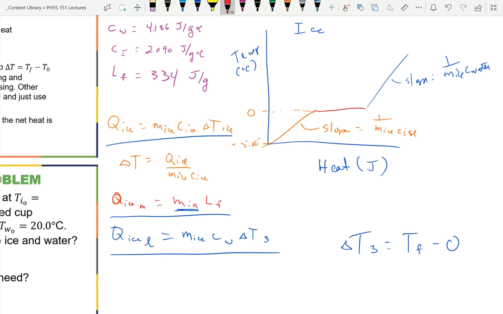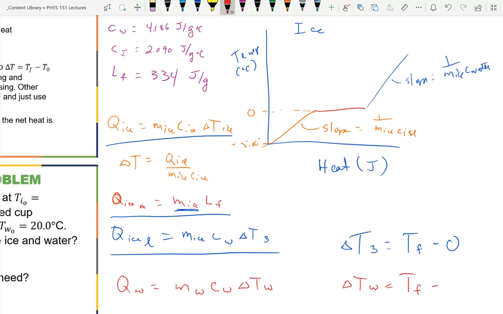What's the 4th equation going to be for? All of these were for ice. What's the 4th equation going to be for? Water. And so Q for the water is the mass of the water, C of water, change in temperature for the water. The change in temperature for the water is that it ends at the final temperature because they end up in equilibrium, which means everything is at constant temperature.